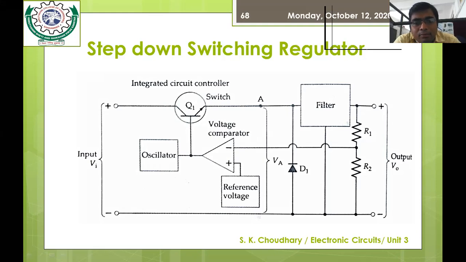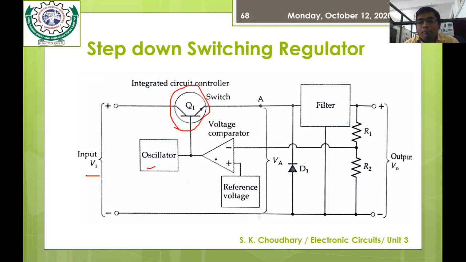Here you can see, similar to the block diagram we have discussed, we are using a switching device. There is an input voltage as a DC input. Then there is a switching device, where I have shown the BJT. You can use a MOSFET as well. Then there is an oscillator that also has the PWM circuit. Then there is an error amplifier, that is nothing but a voltage comparator.